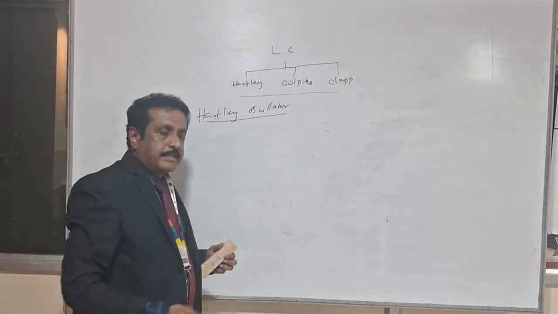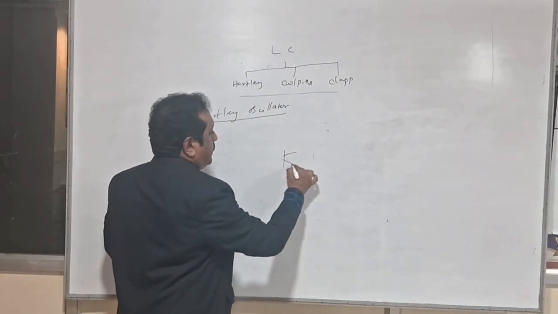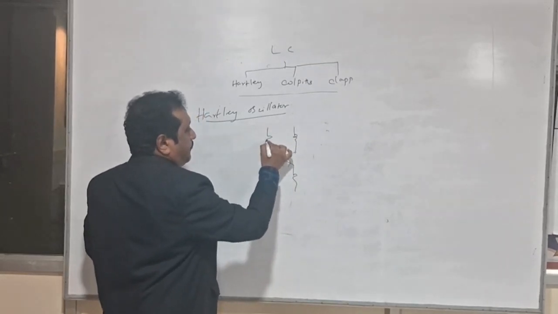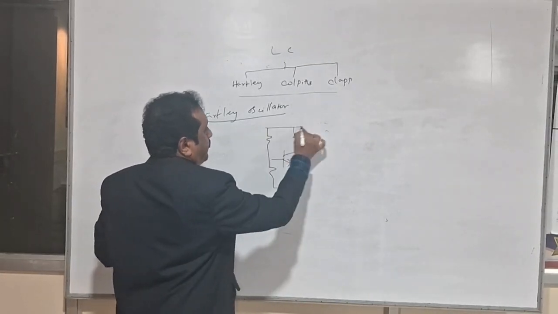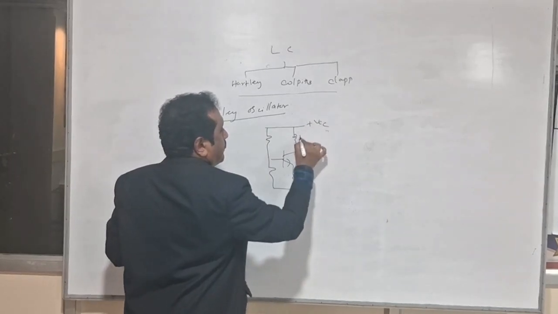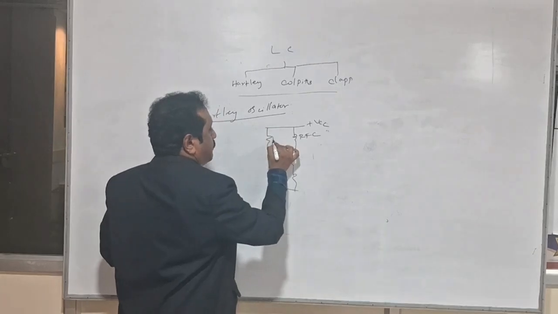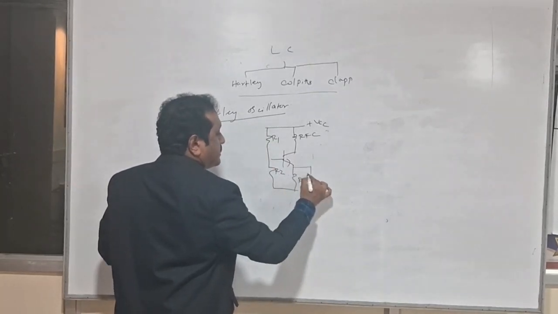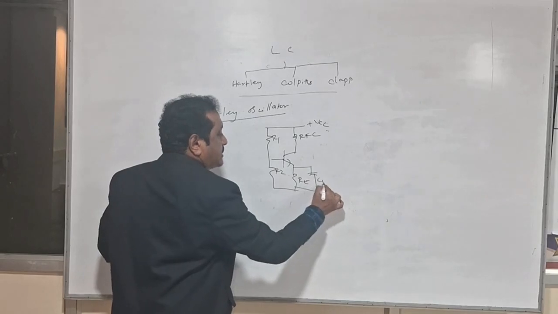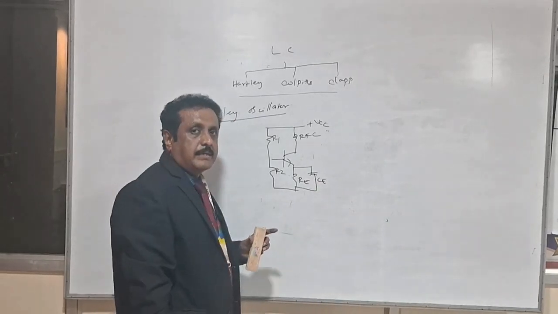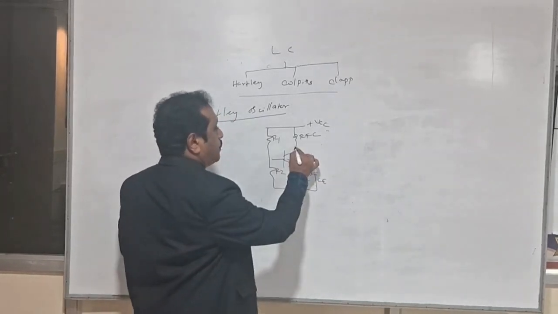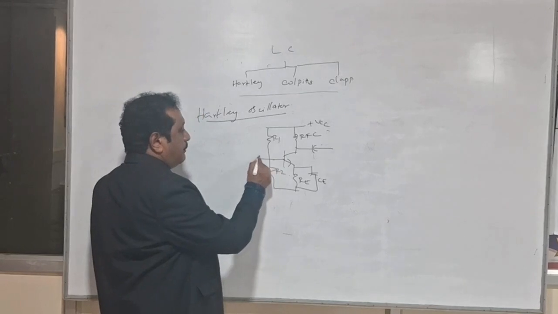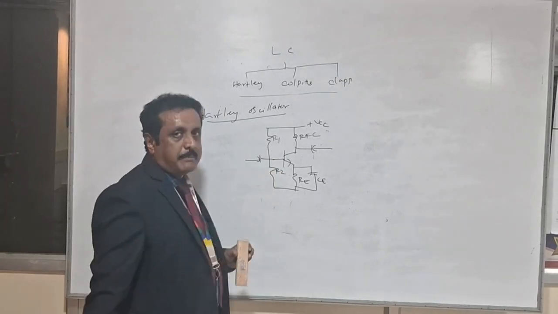In the Hartley oscillator, we have the common emitter amplifier circuit. RFC is the radio frequency choke, R1 and R2 are the biasing resistors, and RE and CE are the emitter resistor and bypass capacitor. Output is taken from the collector, and input is given to the base of the common emitter amplifier.